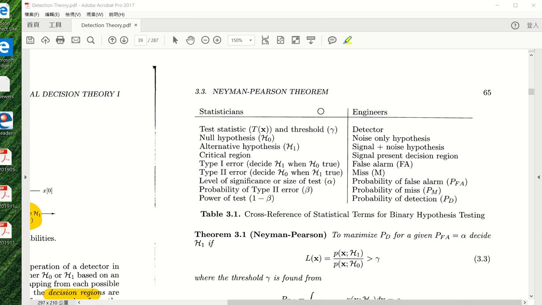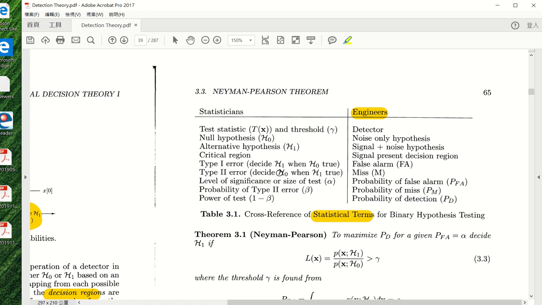Okay, so here are some statistical terms for hypothesis test. For example, H0 we call null hypothesis. Test statistic and threshold we call it detector. Engineers we call it detector. Alternative hypothesis for H1. Then that's a signal plus noise hypothesis. Signal present decision region.